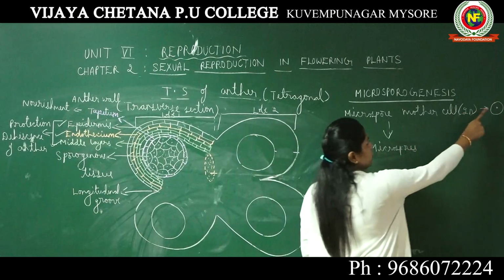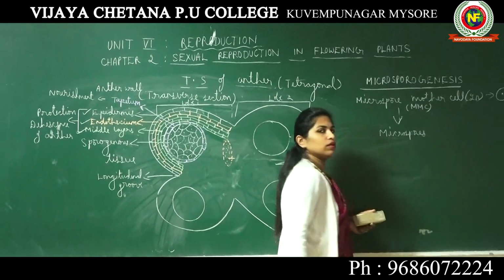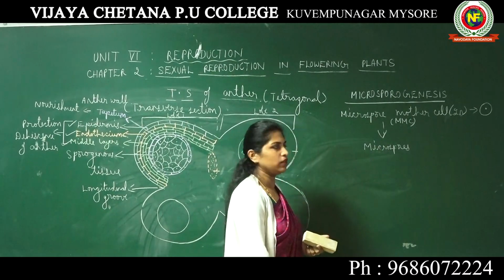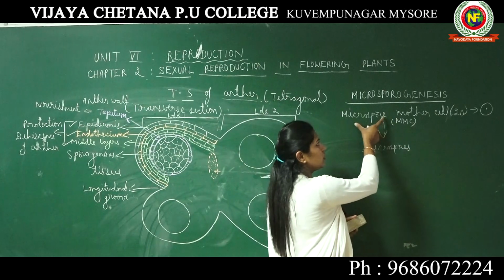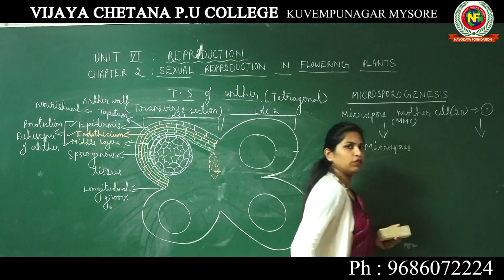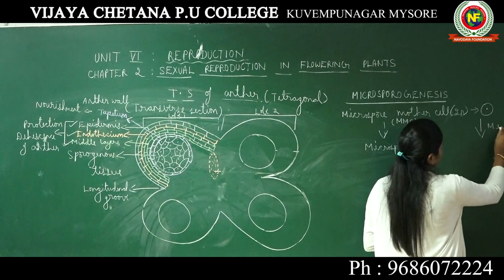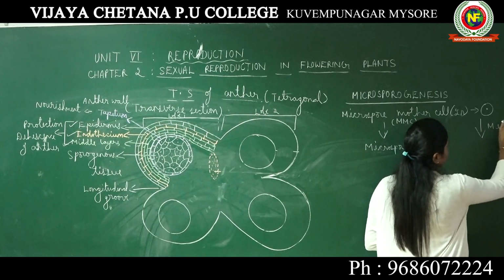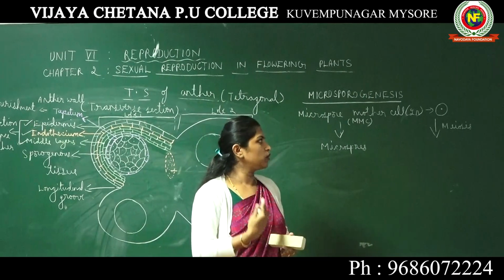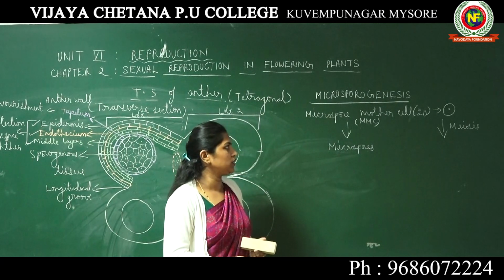This can also be called as MMC, in an abbreviated form. Now, what happens is, this microspore mother cell undergoes a reduction division called as meiosis. You all are aware that meiosis is a reduction division where the number of chromosomes becomes half in the reduction division.